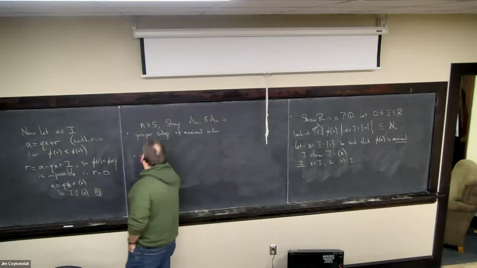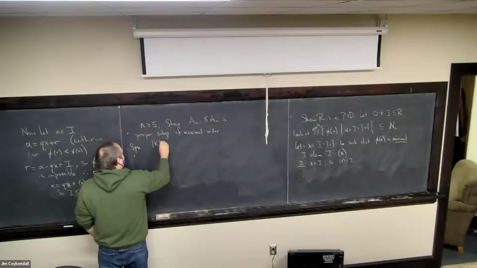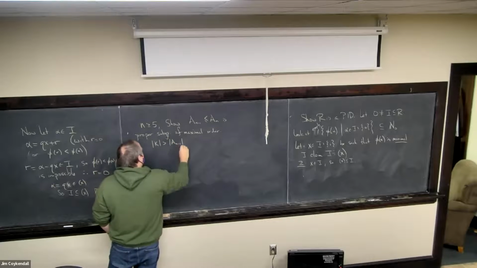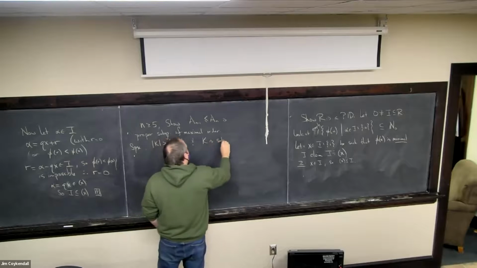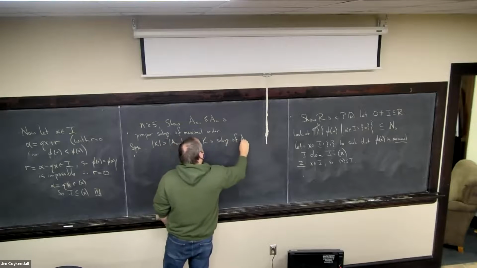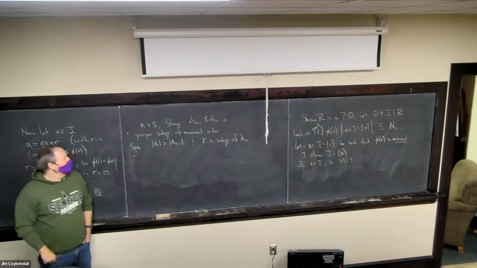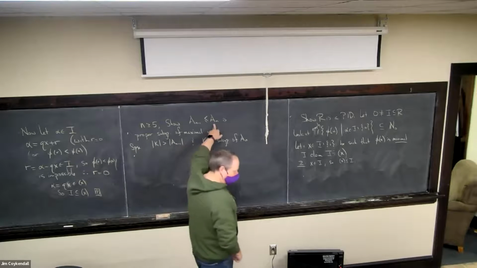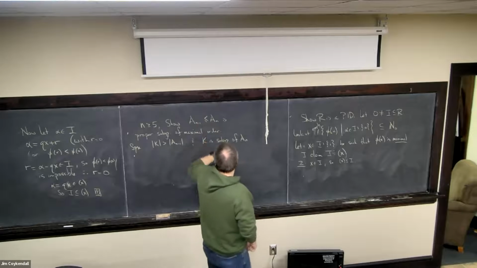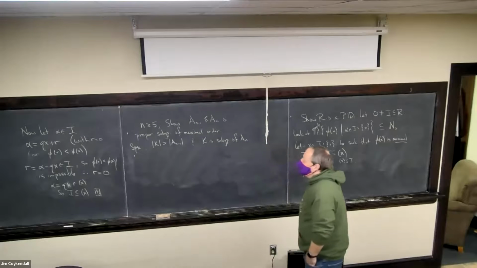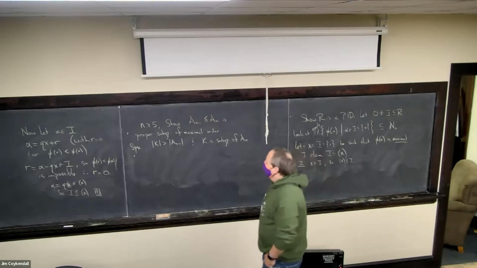Okay, so suppose you have a subgroup K, and you need n greater than or equal to 5 for this.